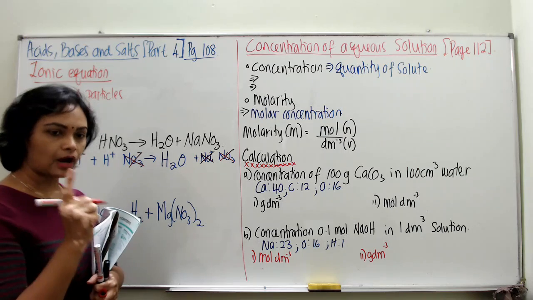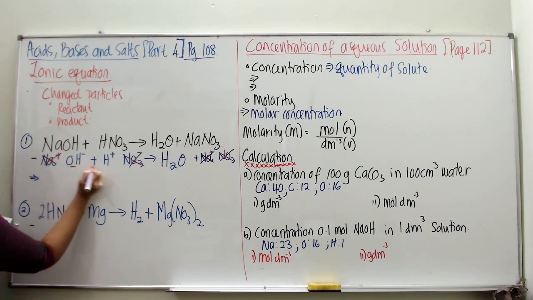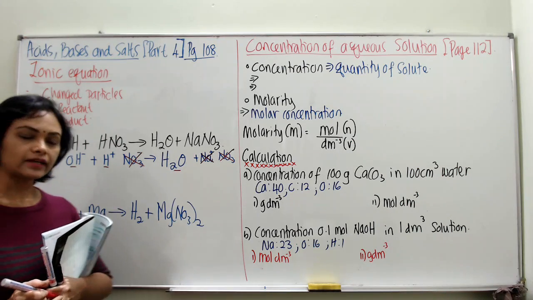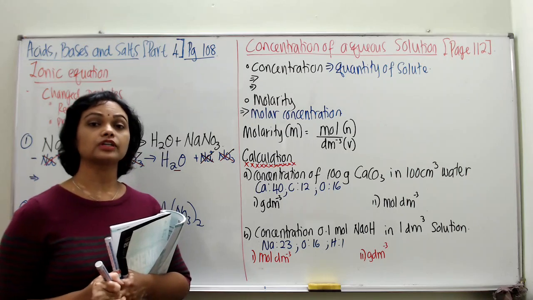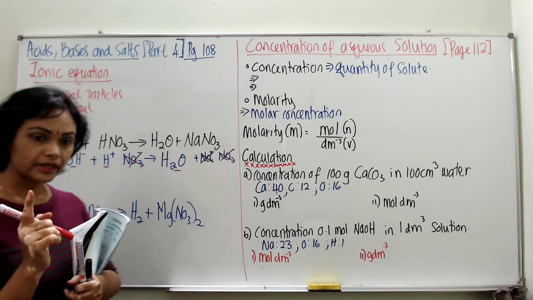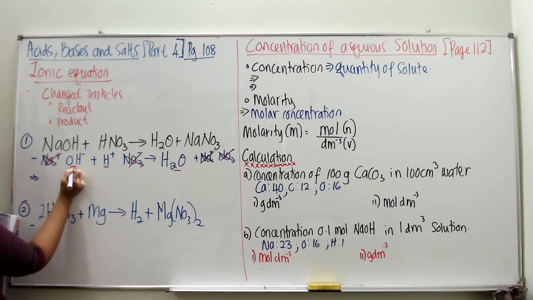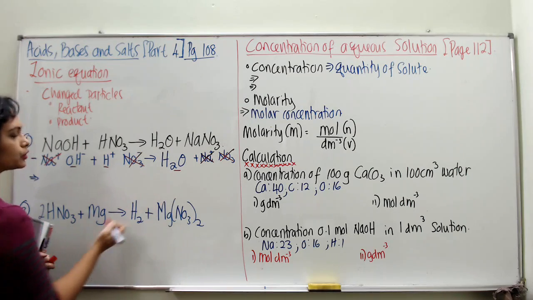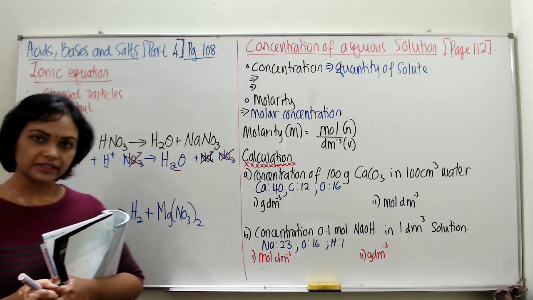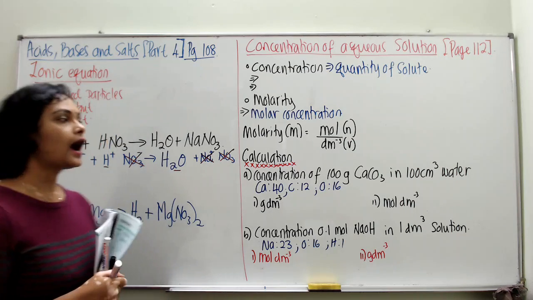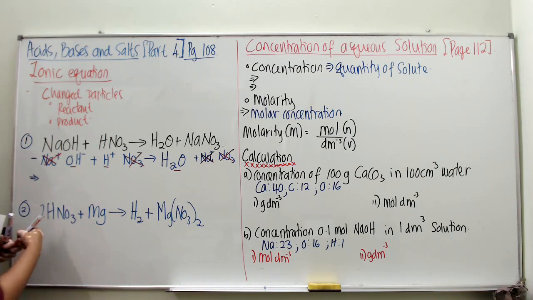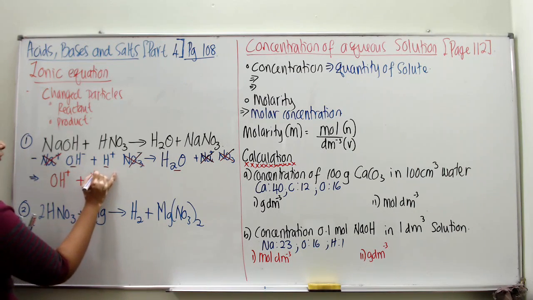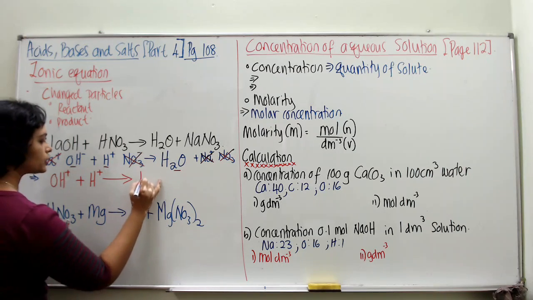Now, why am I not cutting hydroxide, hydrogen and water? Ionic equation takes into consideration particles which have gone through changes. Here you can find hydroxide and hydrogen ions have combined to produce a molecule called water. So that is the reason why the ionic equation for this reaction is hydroxide ion with hydrogen ion produces a molecule called water.